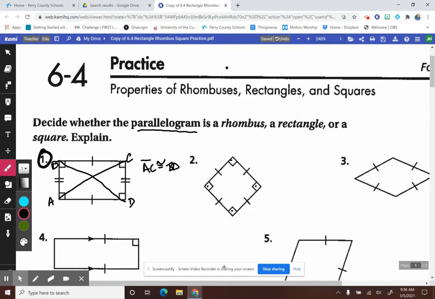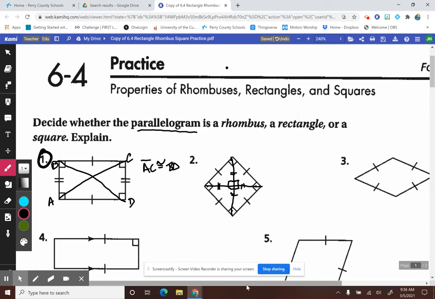There's also some interesting things that happen with a square when you make the diagonals. These diagonals are perpendicular, so there are 90-degree angles all on the inside. You will also note that all of these sides are congruent to one another. So there are a whole lot of conditions that happen with a square.